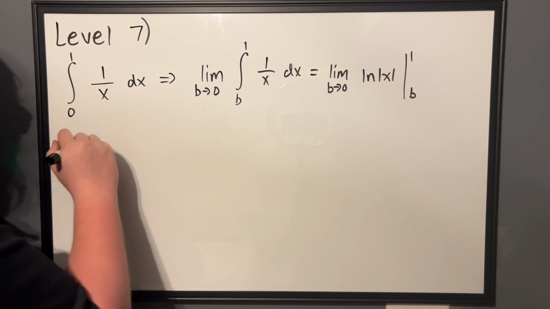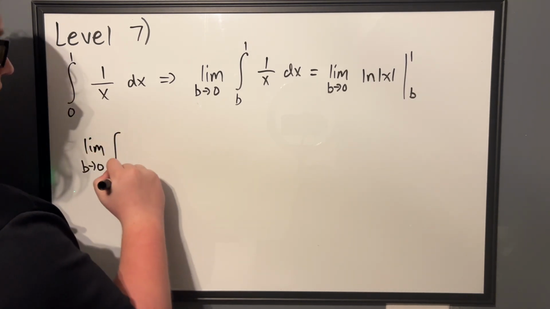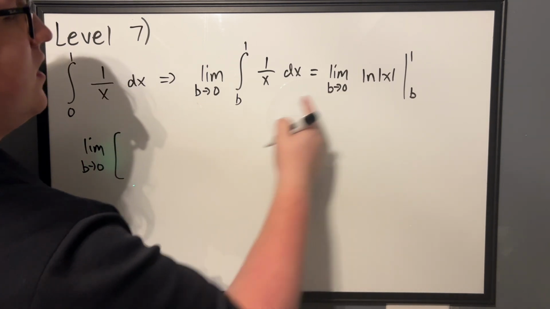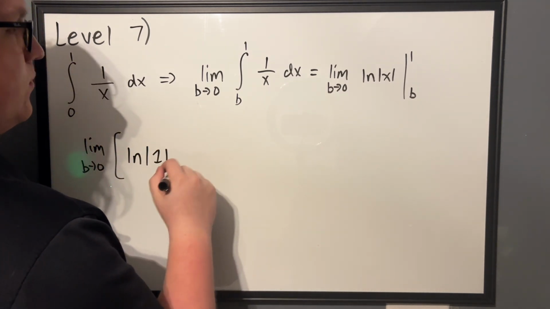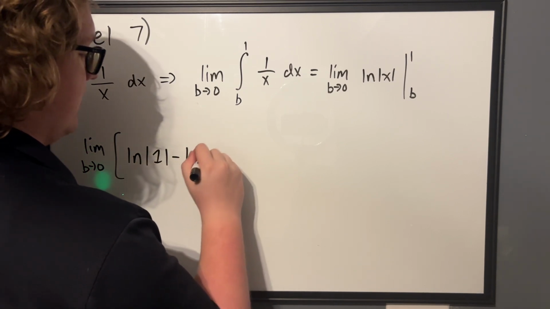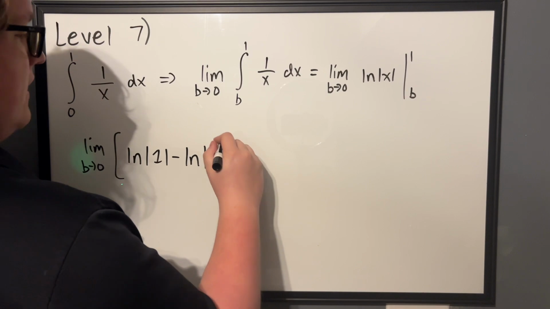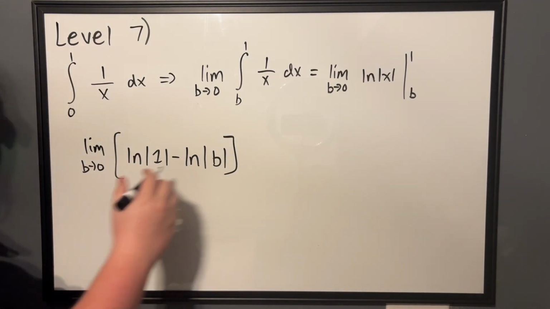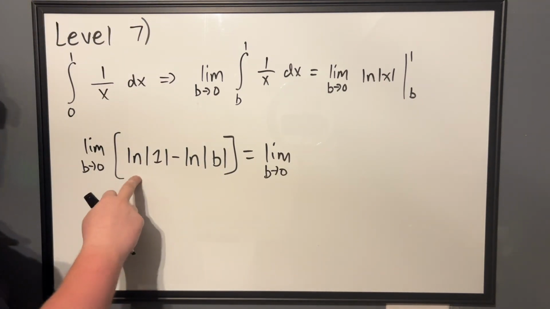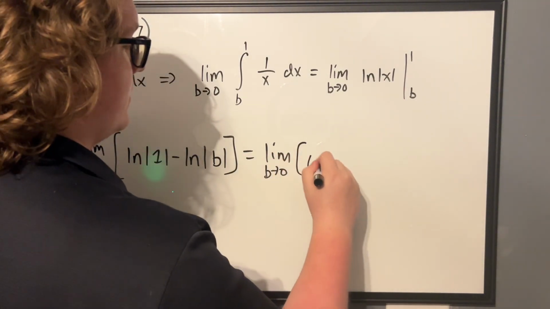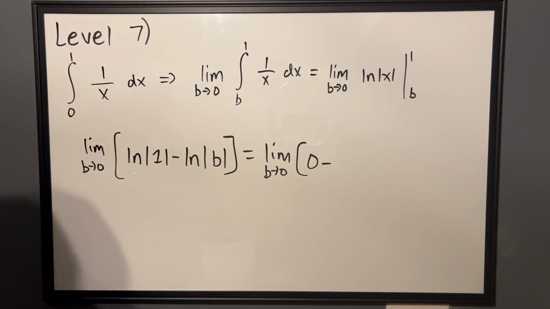So we have the limit as b goes to 0 of the natural log of the absolute value of 1, and then we subtract off the natural log of the absolute value of b. The natural log of 1 is always 0, so we have 0 minus the natural log of b as b goes to 0.